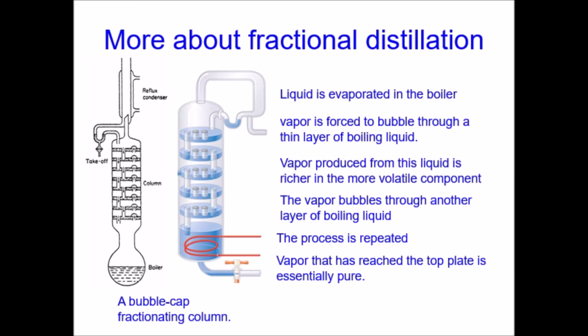Here shows an example of a fractional distillation column called a bubble cap fractional column. Liquid is evaporated in the boiler, and the vapor is forced to bubble through a thin layer of boiling liquid, and the vapor produced from this liquid is richer in the more volatile component, and the vapor bubbles through another layer of boiling liquid, and then the vapor becomes even richer in the more volatile compound, and then it goes up, all right?